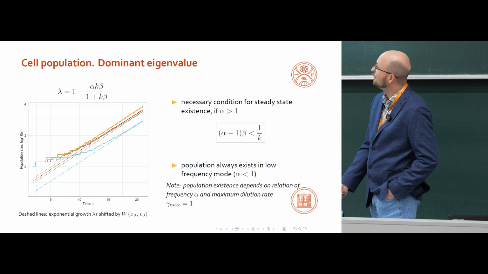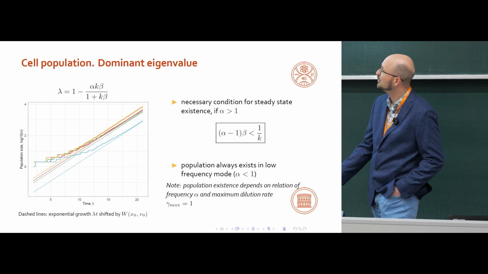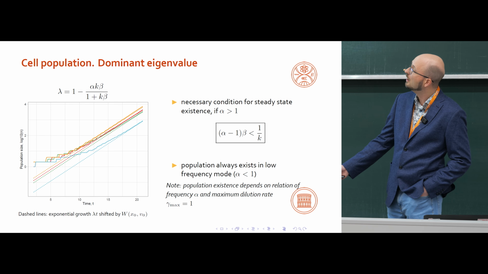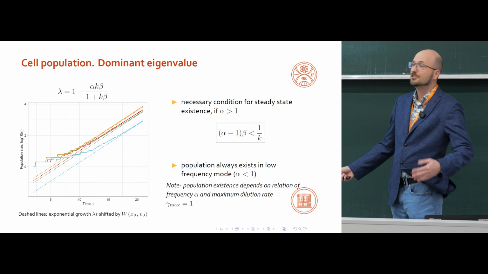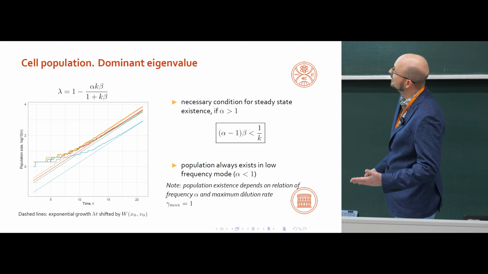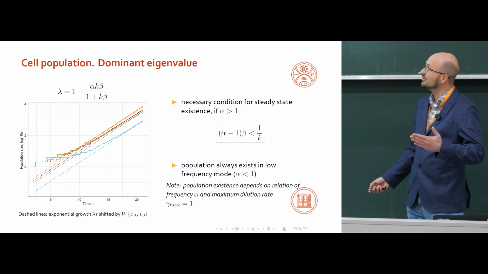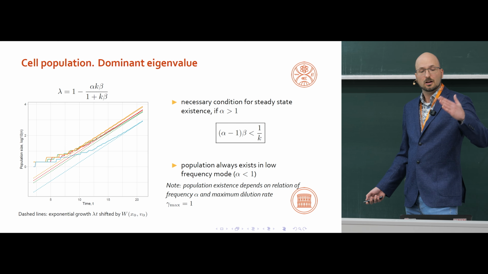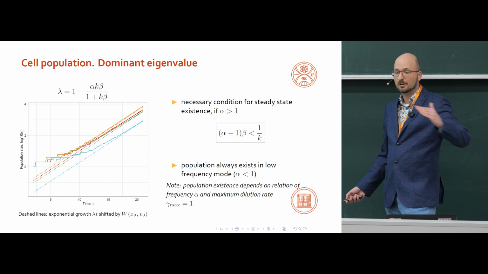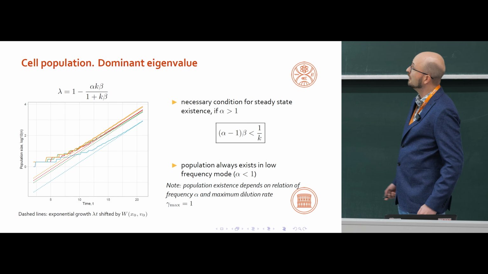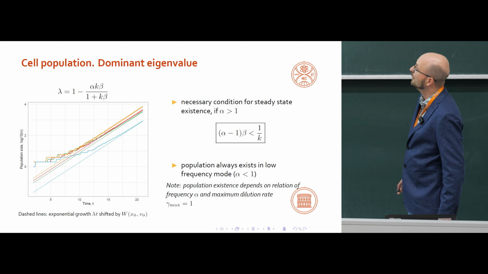And this is the graph which checks it against simulations. The horizontal line is time, and the vertical line is population size, log scaled. That means that a straight line corresponds to exponential growth.